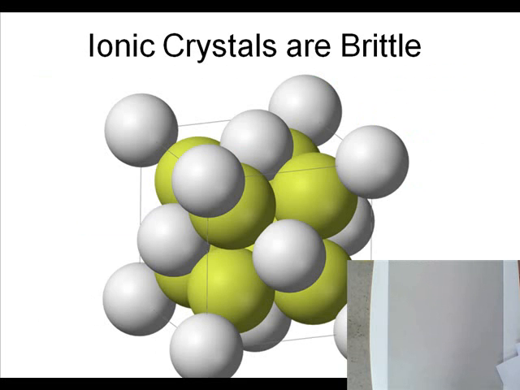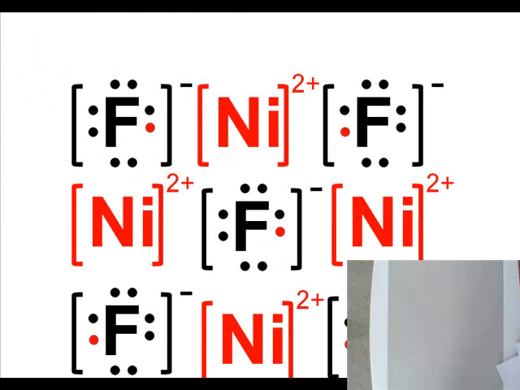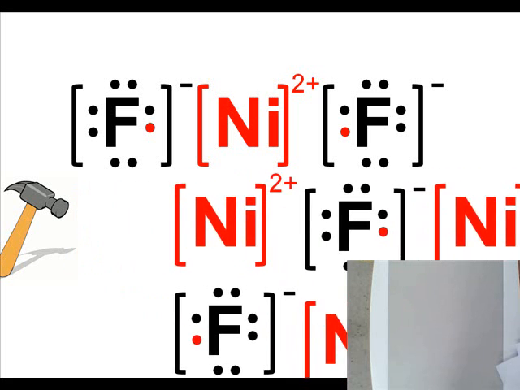Now, one other property that ionic compounds have besides a high melting point is they tend to be very, very brittle. What that means is that if you hit them, they tend to shatter. Why is that? Well, we're looking at the nickel fluoride, and we're going to hit the lattice, or the crystal, right there at the nickel point.